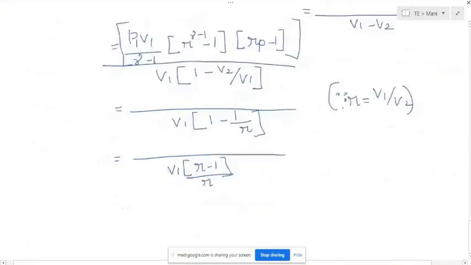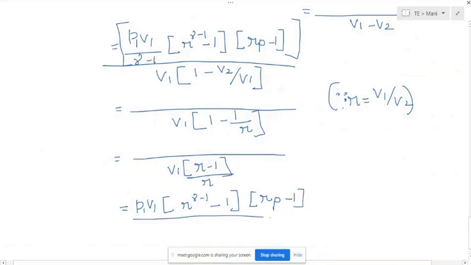Okay, see now, P1 V1 into r power gamma minus 1 minus of 1 into rp minus 1, divided by P1 into r minus 1 divided by r, actually here, right?